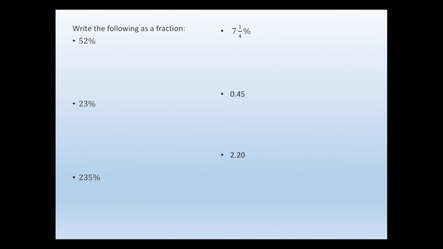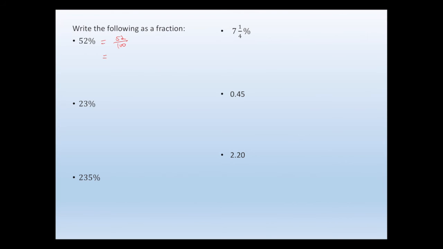Now finally, when you're asked to write a percentage or decimal as a fraction, let's have a look at how to do this. 52% is 52 over 100. Now, you have to simplify it because 52 and 100 can both be divided by 2.